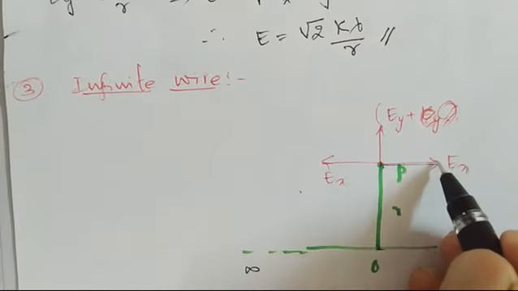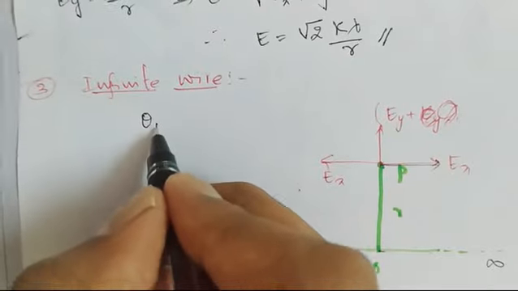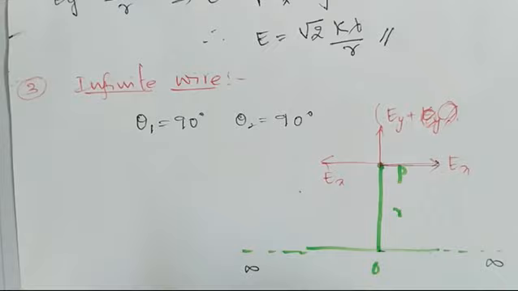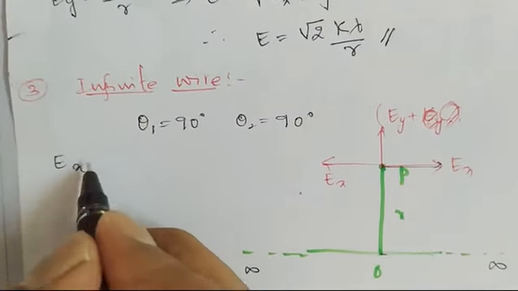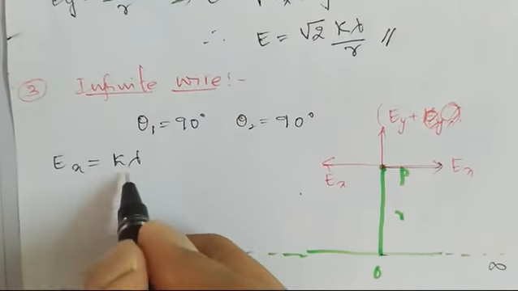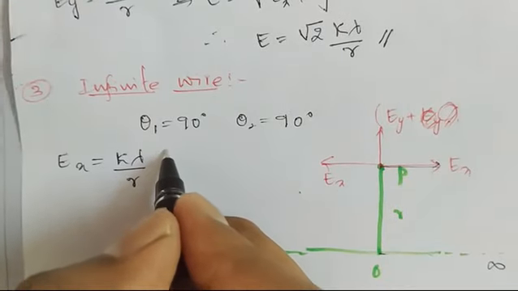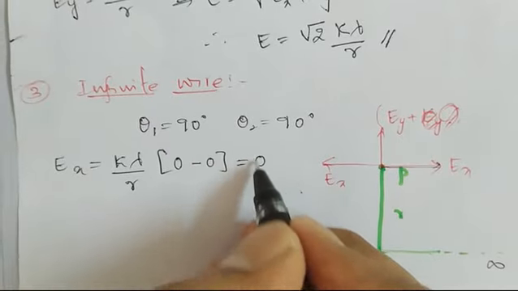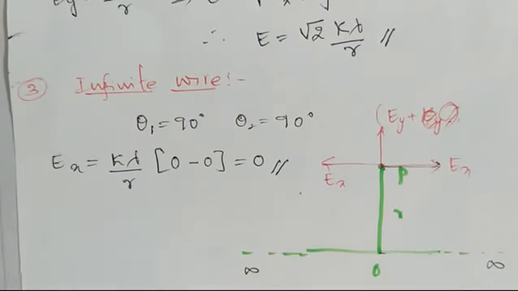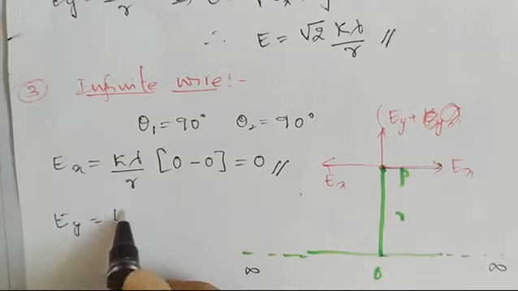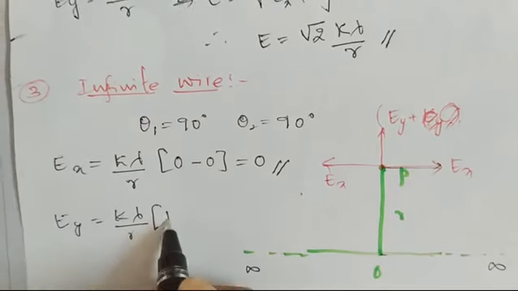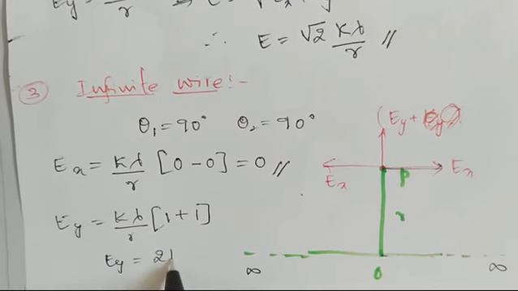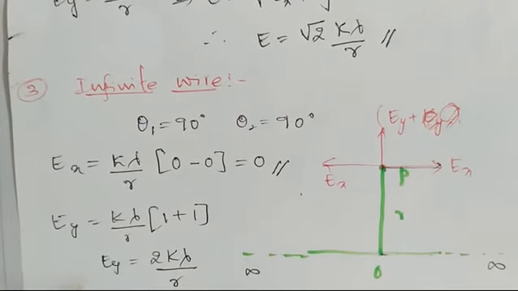Now if it is extended up to infinity, theta 1 is equal to 90 degrees and theta 2 is also equal to 90 degrees. Then the Ex value will become K lambda divided by R into cos 90 minus cos 90, which is 0 minus 0, so everything is equal to 0. So Ey is K lambda divided by R, sin 90 is 1 and 1, so that's why Ey is equal to 2K lambda divided by R.